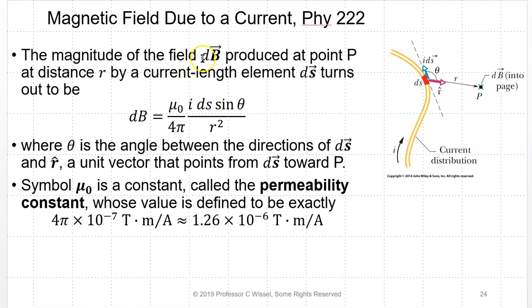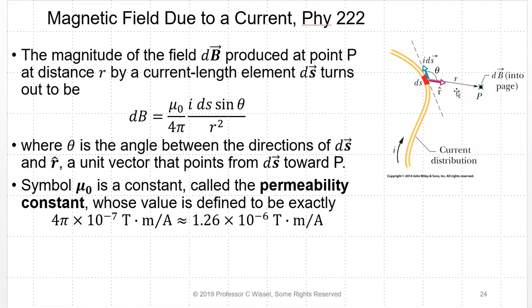The magnitude of the field dB produced at point P at a distance r by a current length element ds turns out to be dB equals mu naught over 4 pi times I ds sine theta over r squared. Theta is the angle between the directions of ds and r, and r hat is the unit vector that points from ds toward P.